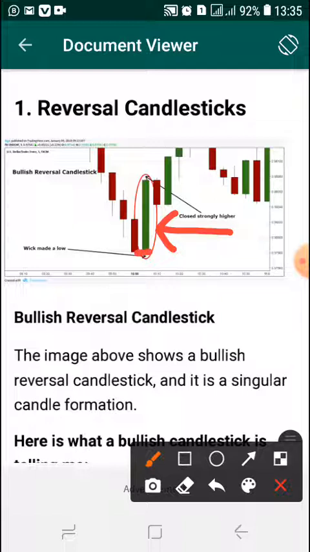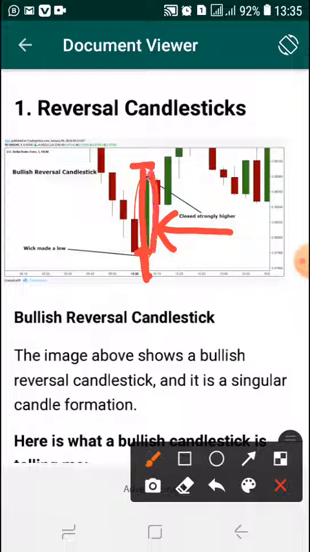And when it goes downwards and comes back from downwards, it shoots up, it leaves a small shadow or a stick below, and then it closes high.